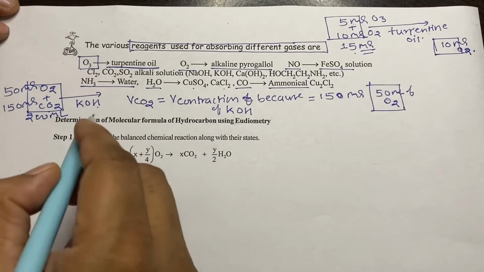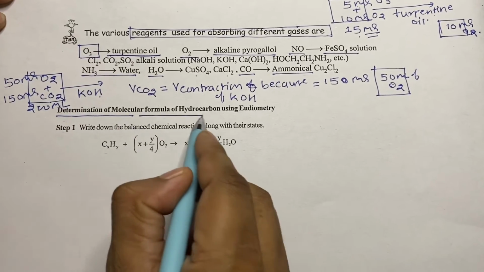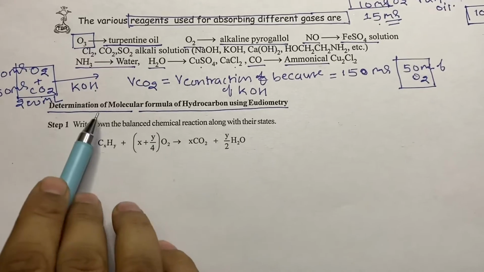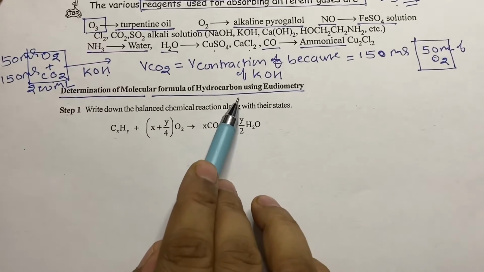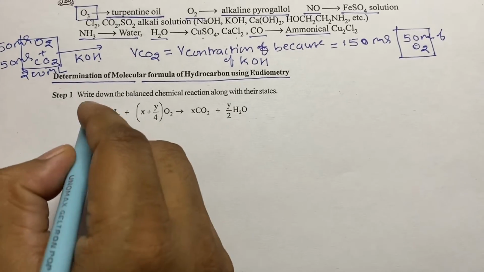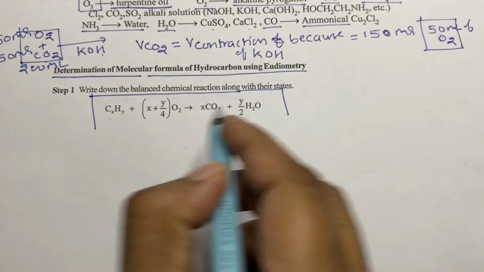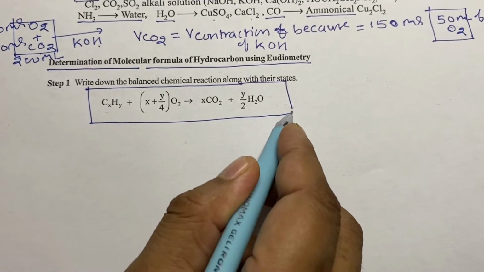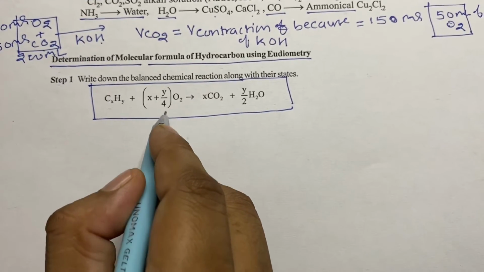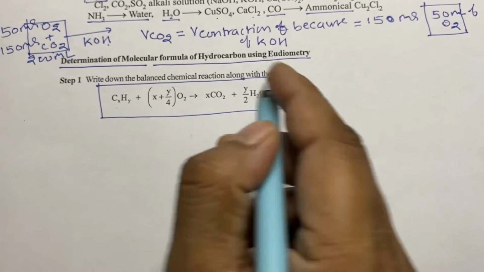Now, one of the important applications of eudiometry is that we can determine the molecular formula of a hydrocarbon using stoichiometry. For all hydrocarbons, we can write this equation: CxHy plus (x plus y/4) O2(g) gives x CO2(g) and y/2 H2O(l).